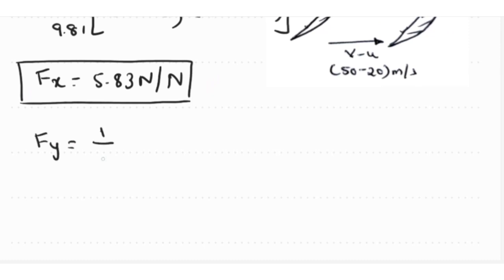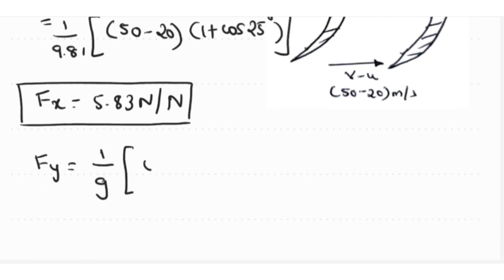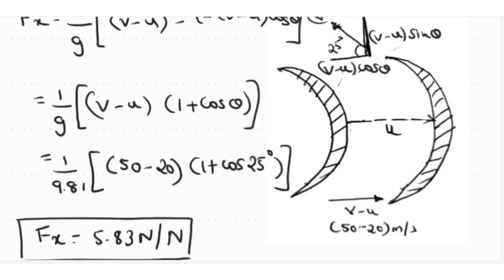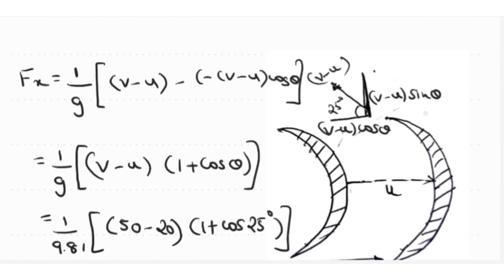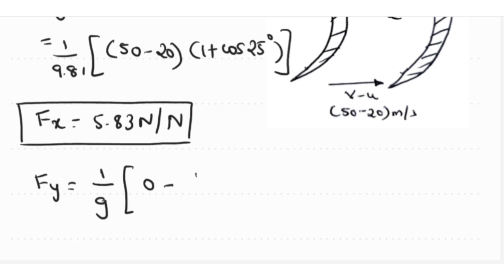Fy is equal to 1 by g into initial velocity. There is no velocity in y direction, so we have to put here 0, minus what is the final velocity after hitting, that is nothing but v minus u sin theta acting in upward direction, so minus v minus u sin theta.